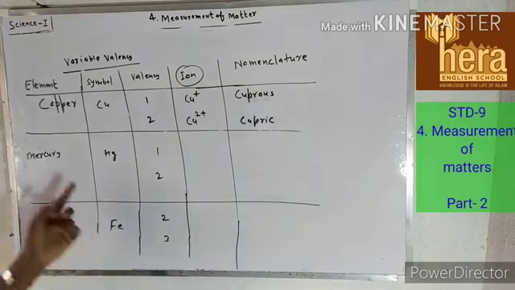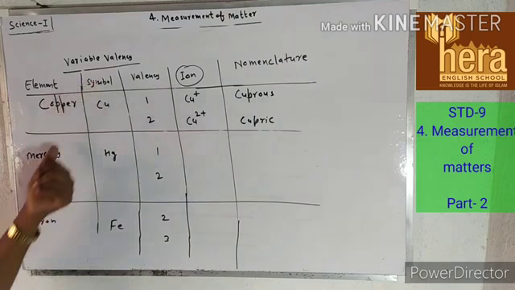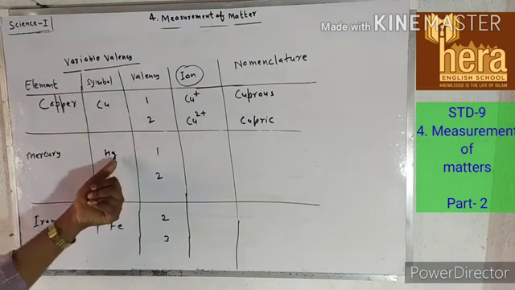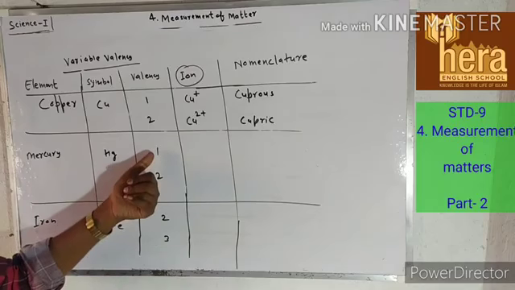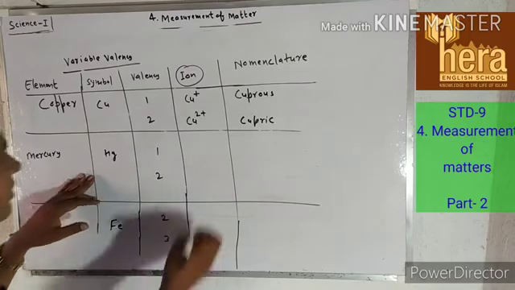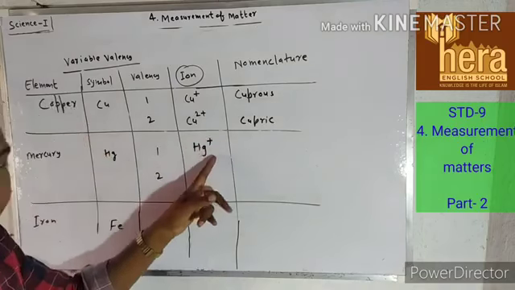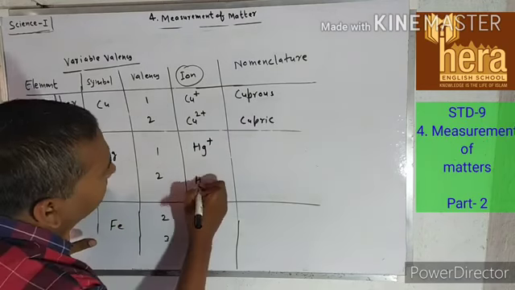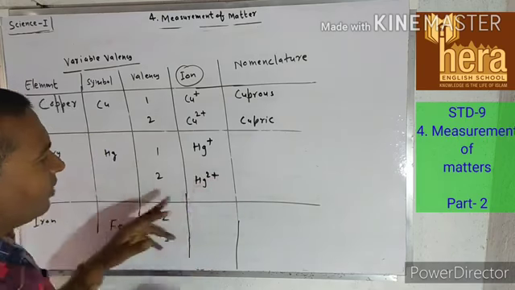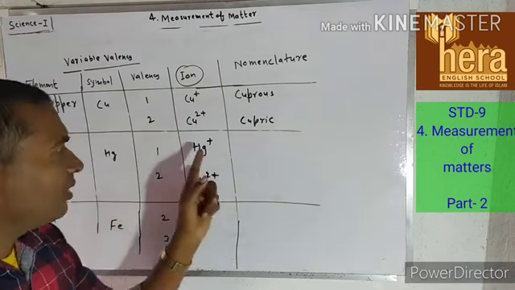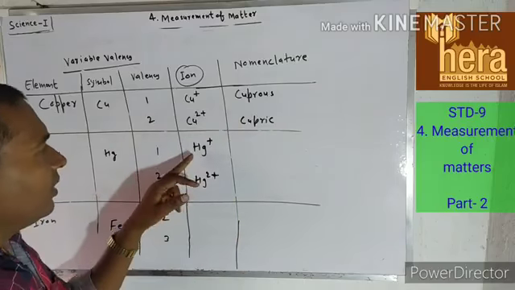Okay. Similarly, mercury. The symbol of mercury is Hg, capital H small g. It also has 2 valencies, 1 and 2. So Hg1 plus, only plus means 1 plus. Hg2 plus, similarly, means mercury has given 2 electrons to a different atom. 1 plus means 1 electron has been given to a different atom.